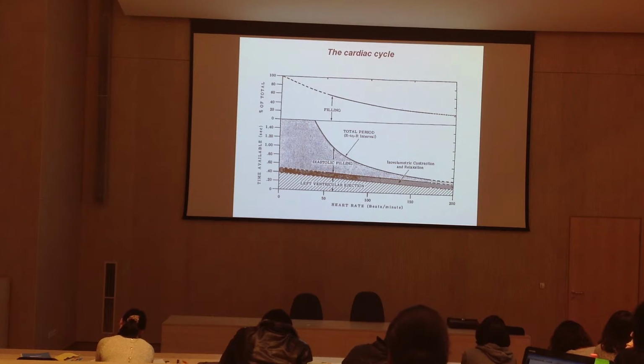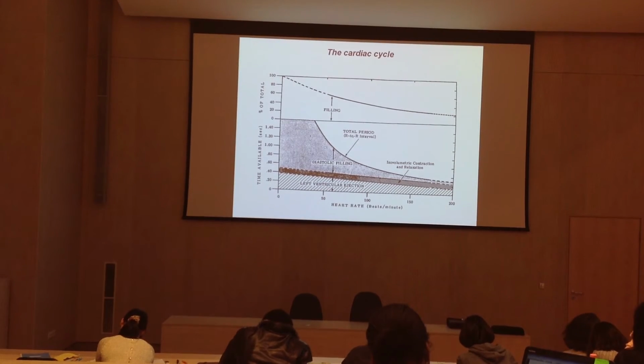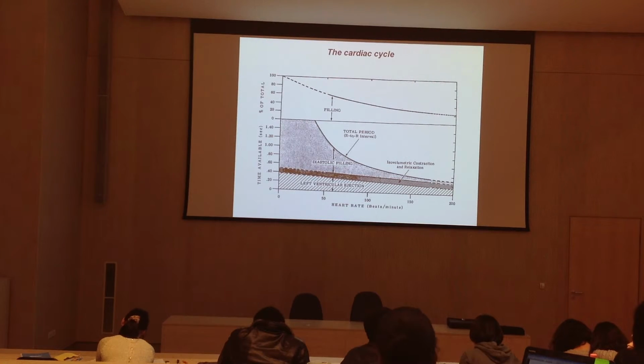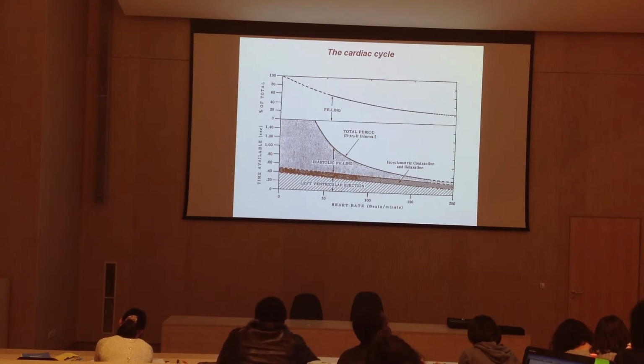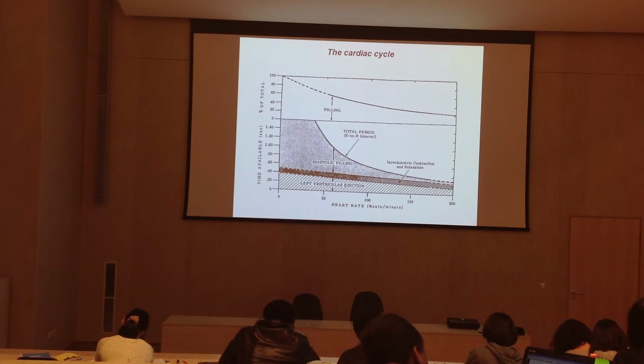Therefore, the higher frequency ought to increase the cardiac output. But because due to the decreased filling, the stroke volume will be smaller, the increased heart rate will not result in an increased cardiac output.